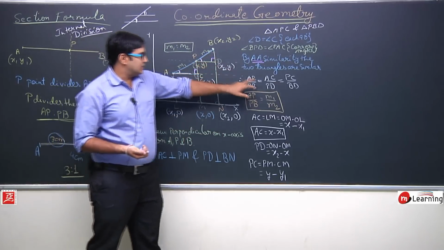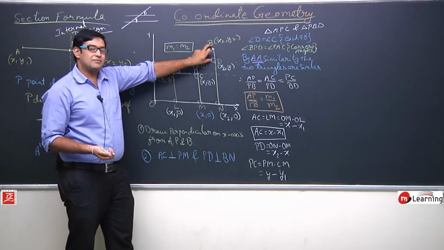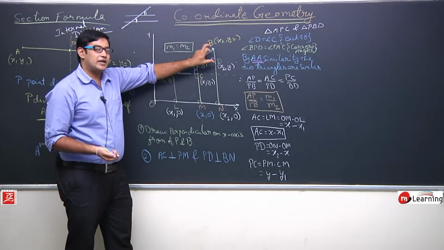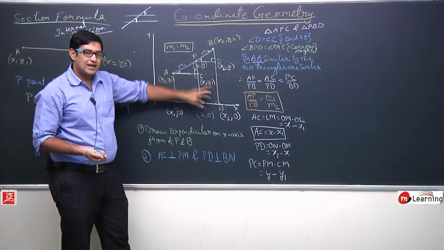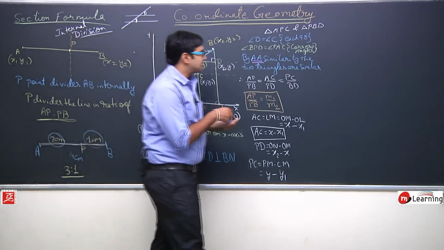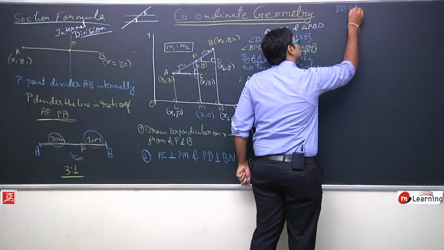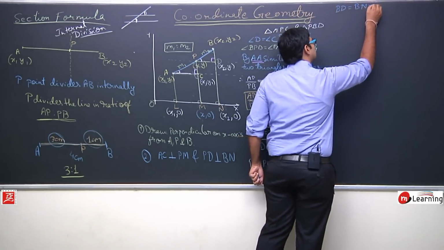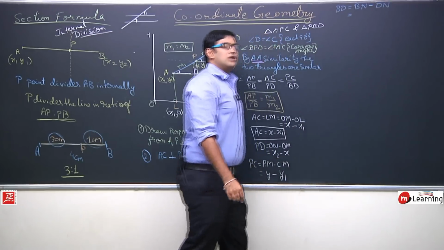Now the next thing that we are left with is BD. What is the length of BD? In a similar manner I can calculate the length of BD. BD will be equal to BN minus DN. Let us write it here. BD will be equal to BN minus DN. Now what is BN?